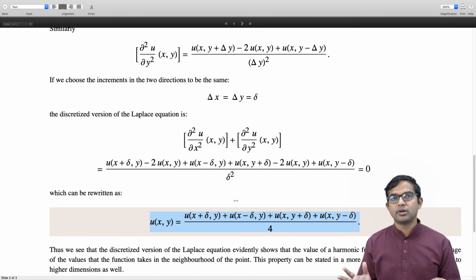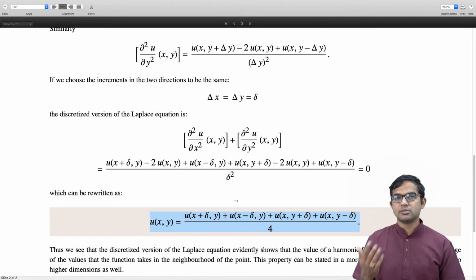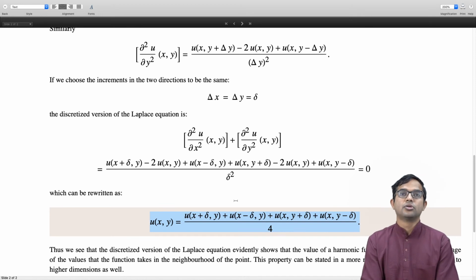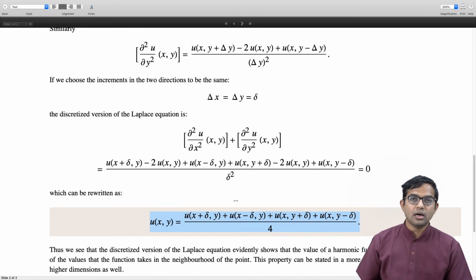So if you have set the boundary conditions, then you just simply go to every point in your grid, make the grid as fine as you can, as fine as your numerical resources will allow you, and then simply keep on replacing every grid point's value by the average of its nearest neighbors.